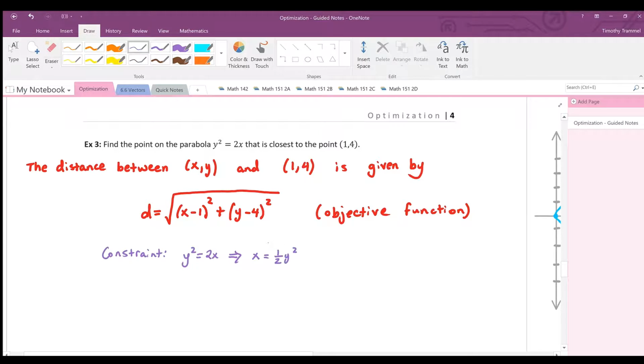And so all we're going to do here is replace this x with 1/2 y squared. So this is going to leave us with d is equal to the square root of (1/2 y squared minus 1) squared plus (y minus 4) squared.